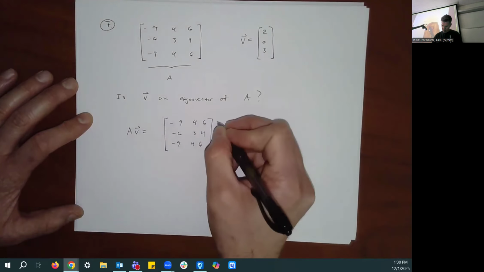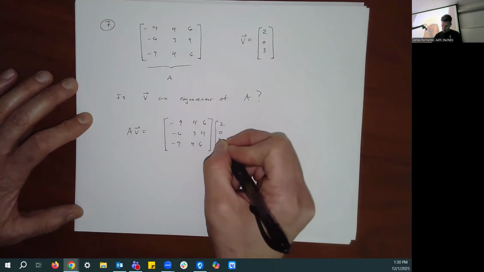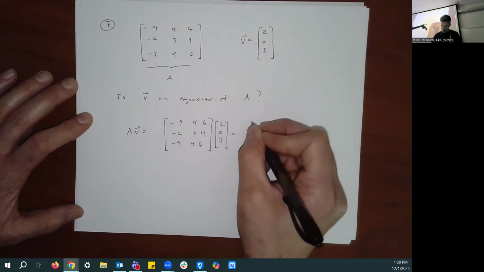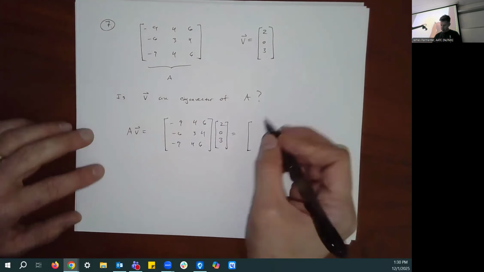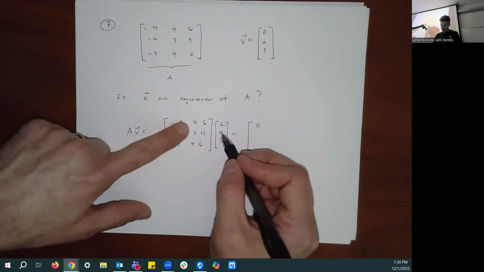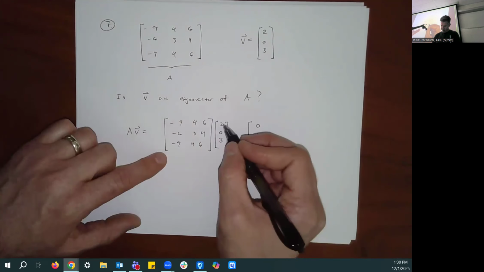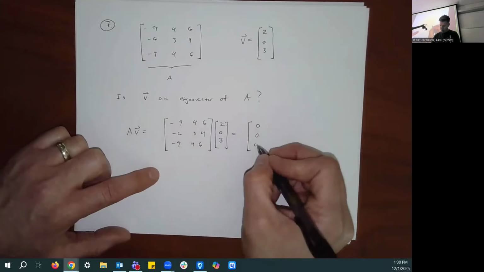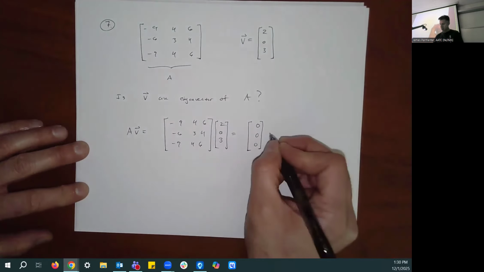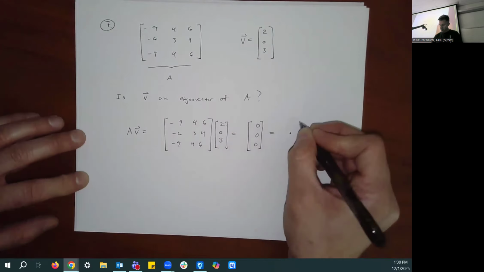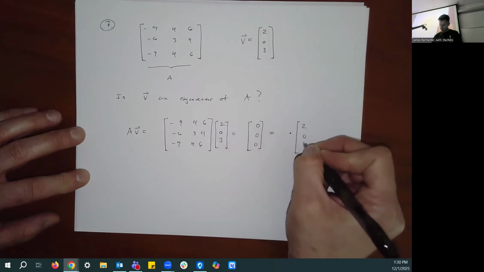Let's see. We multiply this matrix by this proposed eigenvector. What do we get? Negative 18 plus 0 plus 18 is 0. Negative 12 plus 0 plus 12 is 0. Uh-oh. Negative 18 plus 0 plus 18 is also 0. Does that mean it's an eigenvector? Is this vector equal to some multiple of your original vector?